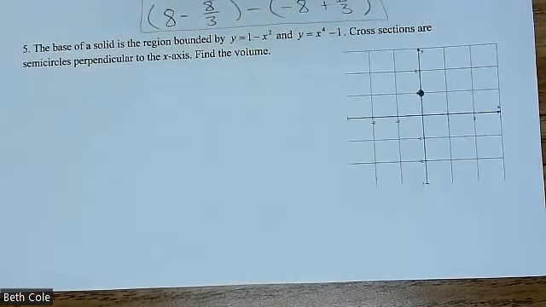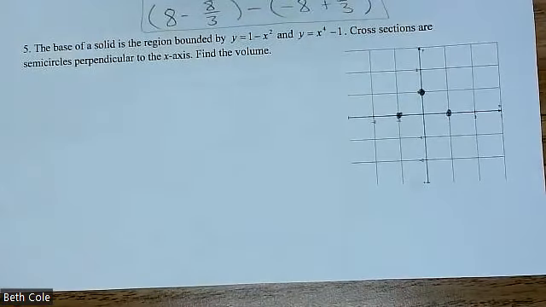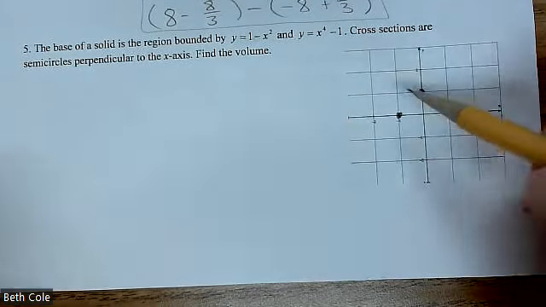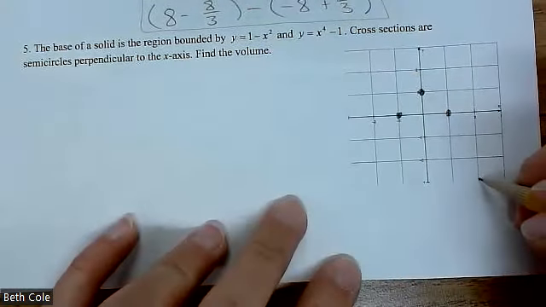And then I need a couple more points. Zero, 1, 0. 1, 0. And so also -1, 0. And then if you plug in 2, -3, perfect.